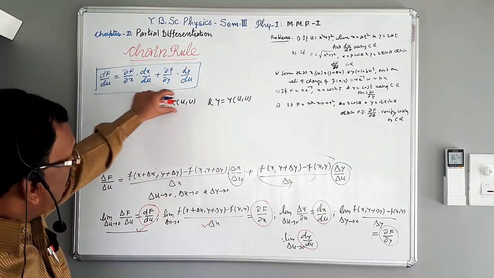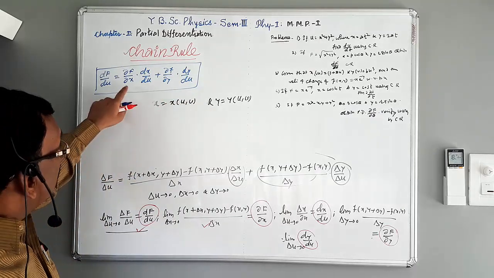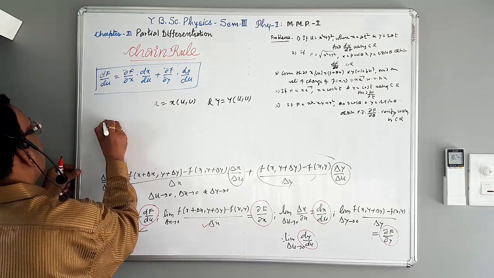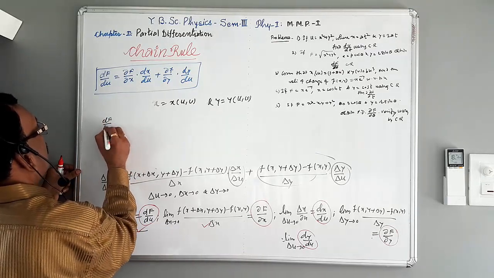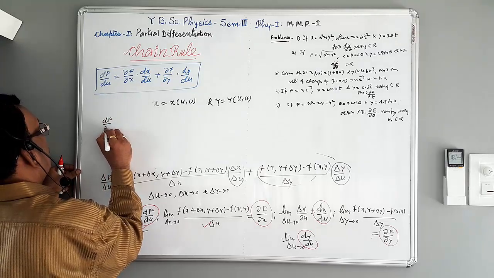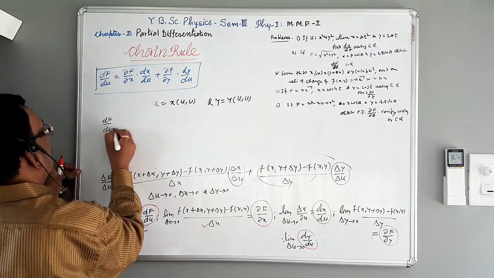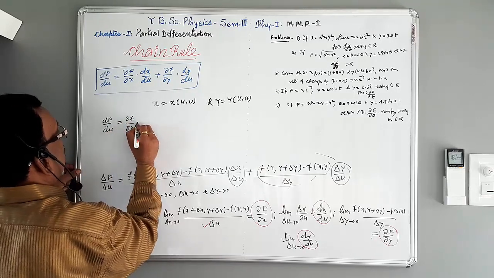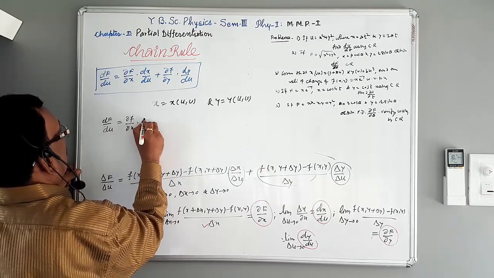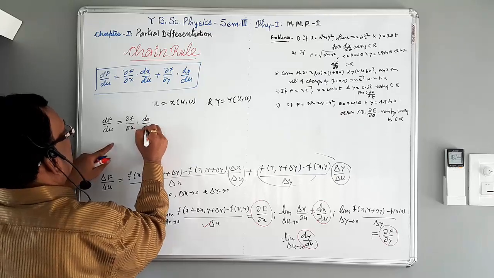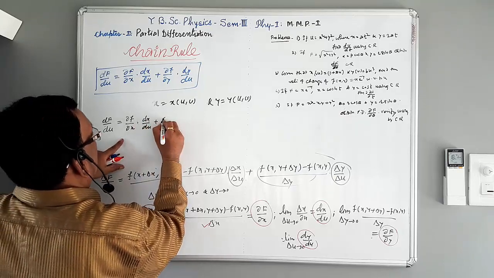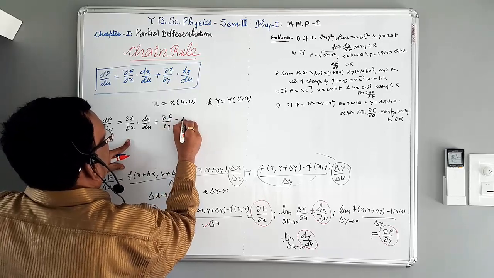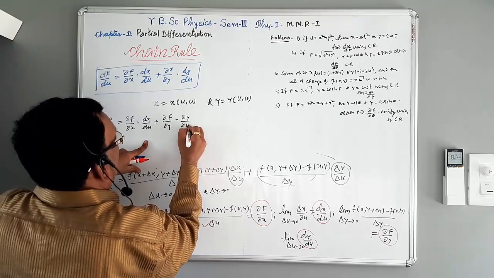Now for this, the chain rule may be written like this: df by du is equal to del f by del x into dx by du plus del f by del y into del y by del u.